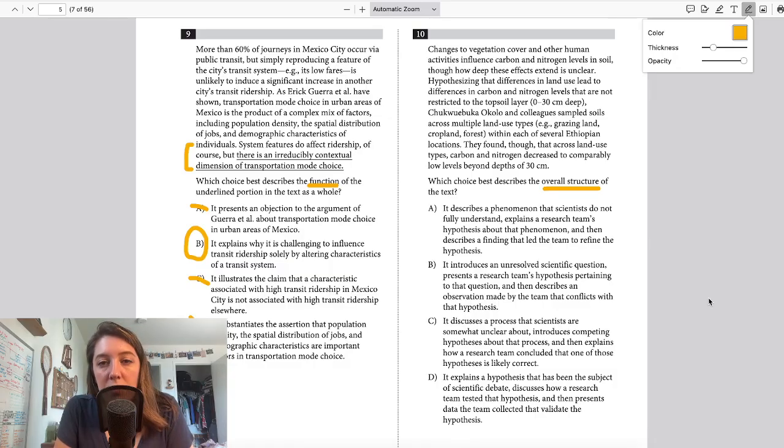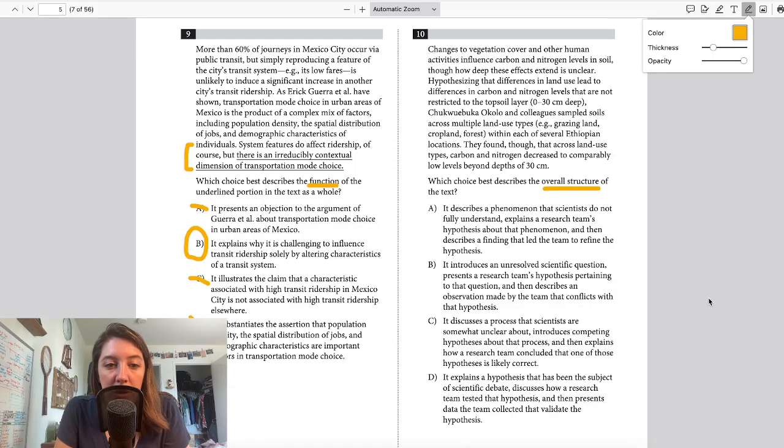So we're first identifying the issue. The next sentence says, hypothesizing that differences in land use lead to differences in carbon and nitrogen levels that are not restricted to the topsoil layer. I'm just trying to summarize this for you. So they're explaining Okolo and colleagues' hypothesis.